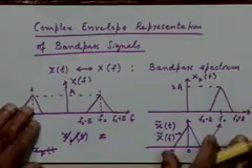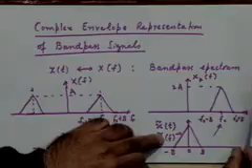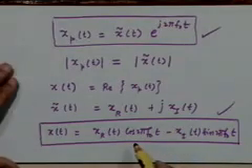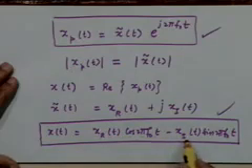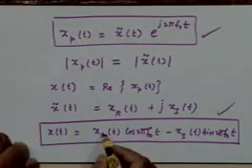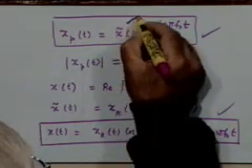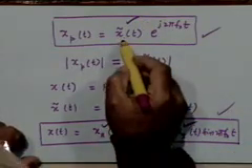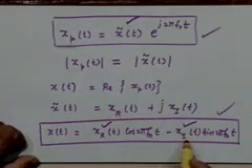The real and imaginary parts of x tilde t are therefore both low pass signals. So x tilde t is a complex valued low pass signal, and these are both real valued low pass signals.